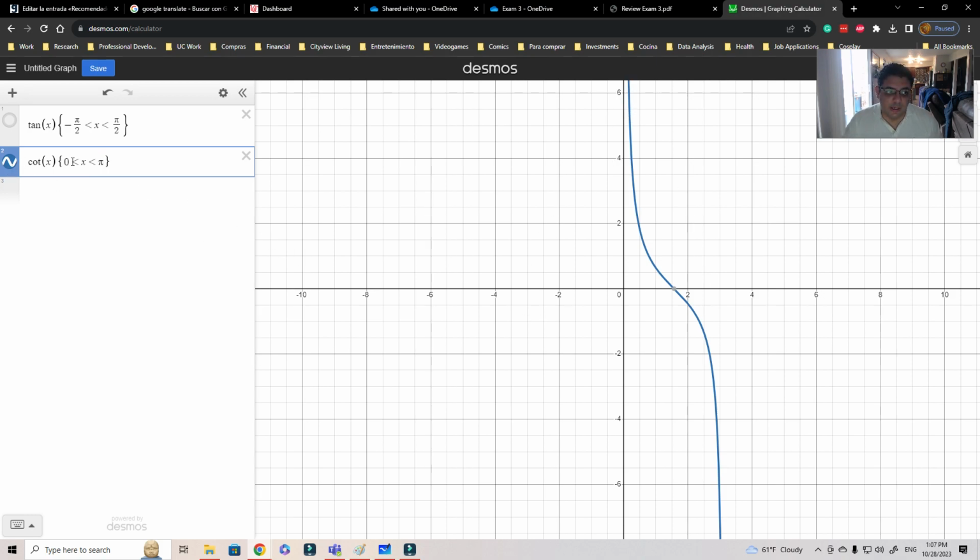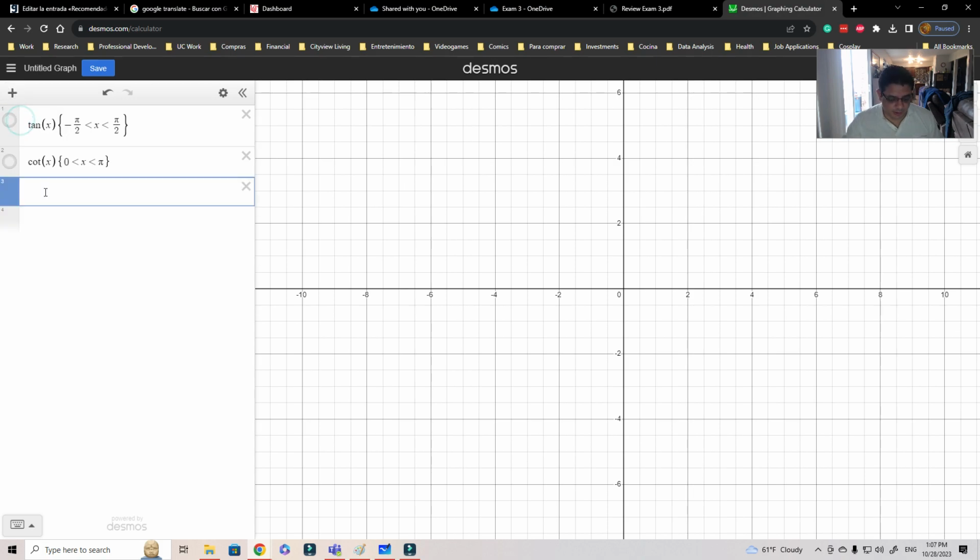Why? Because cotangent is cosine over sine, so the asymptotes of cotangent are determined by the zeros of the sine function, which occur at the points 0 and pi. So that's also a distance of pi.